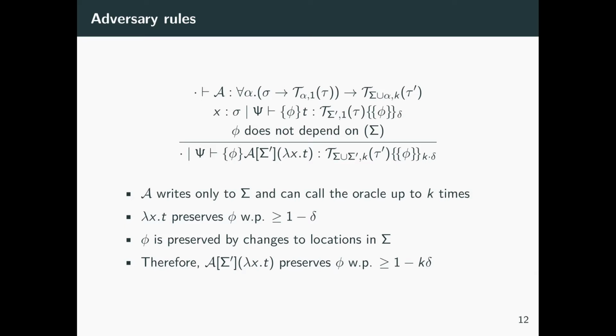This is a consequence of the type of A, because the only chance A has of breaking the invariant is through oracle calls, but it can perform k calls at most, each with a probability delta of breaking the invariant. This here is a very general rule that assumes very little from the adversary and lets us prove how T behaves with any inhabitant of the adversary type.